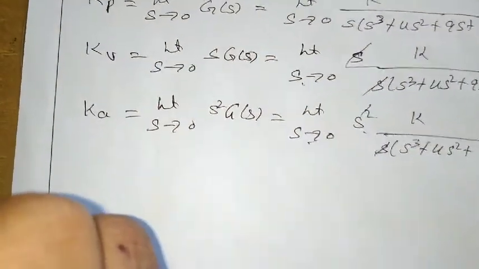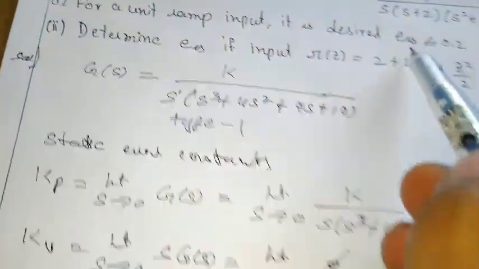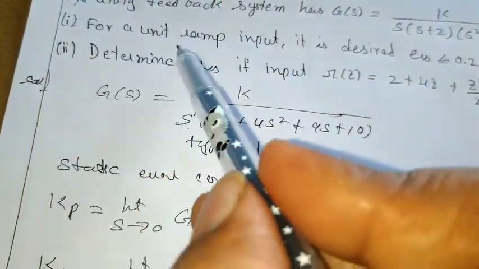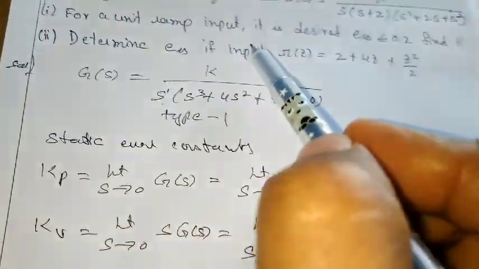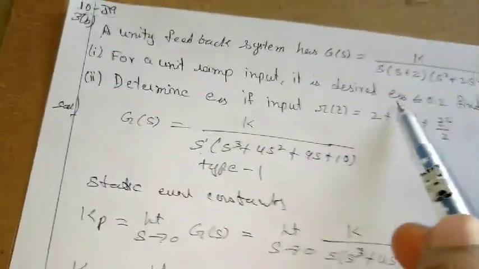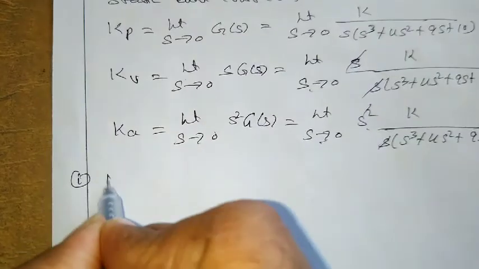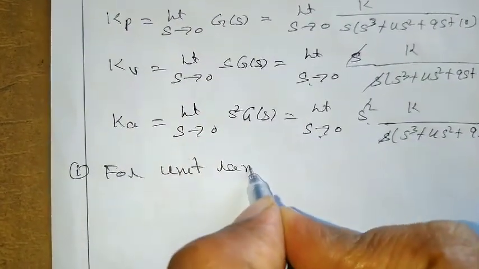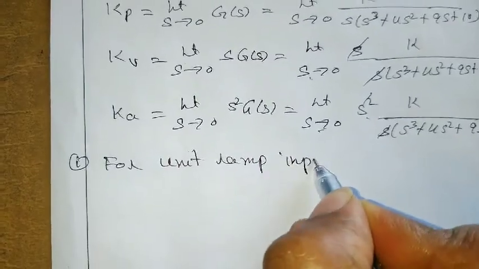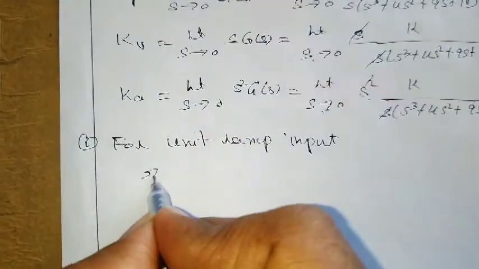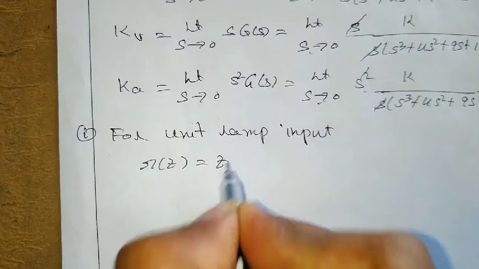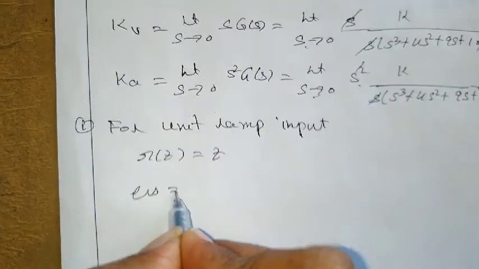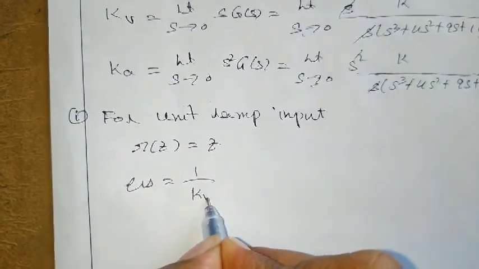Now let us find out the value of ESS for a unit ramp input. You have to find out the value of K, that steady state error is ESS. So first one, for unit ramp input, that is R of t is equals to t, ESS is given by 1 by Kv.